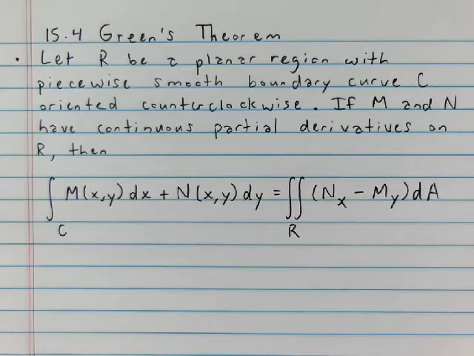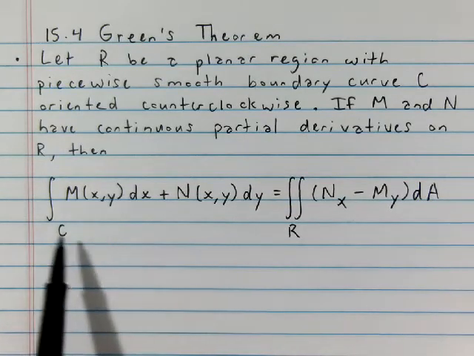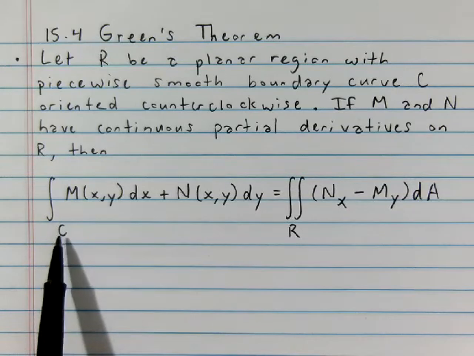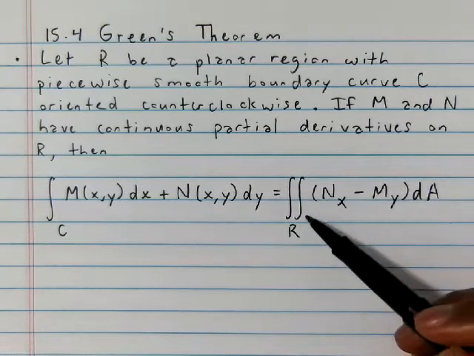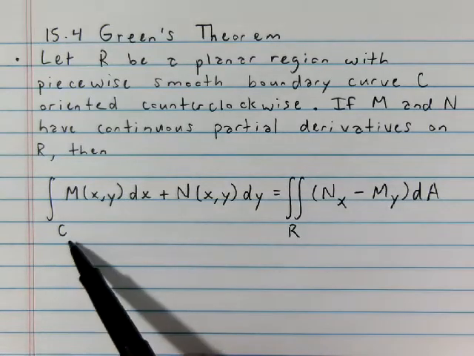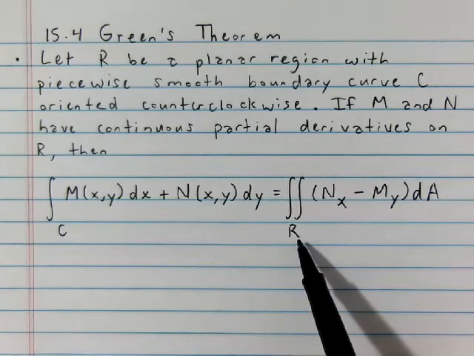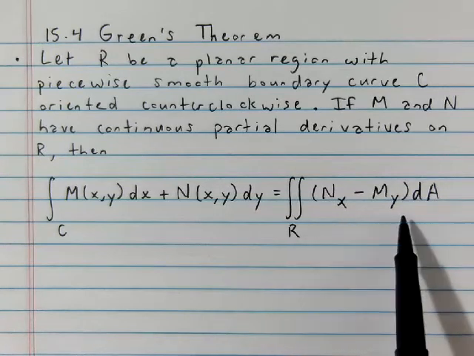So what we're doing with Green's theorem is relating a line integral over some boundary curve C of some vector field to the double integral over the region that C bounds, R, of this particular function.